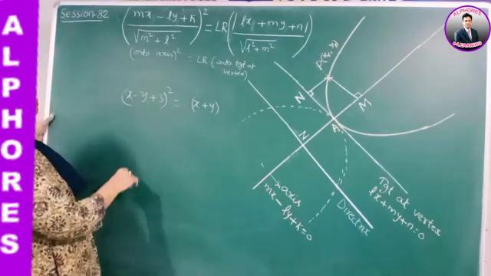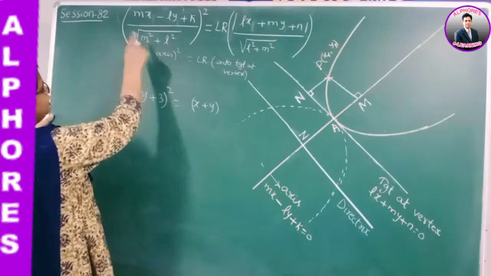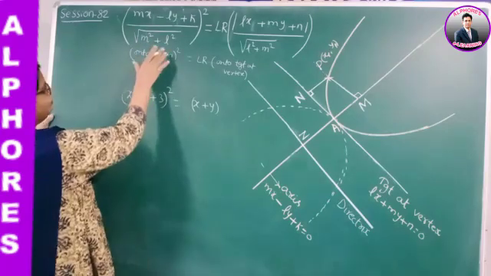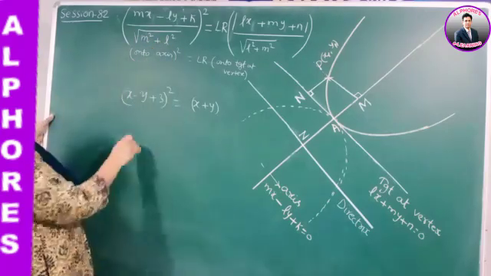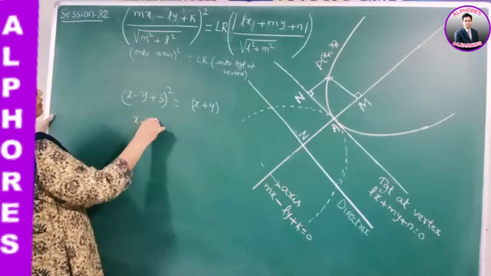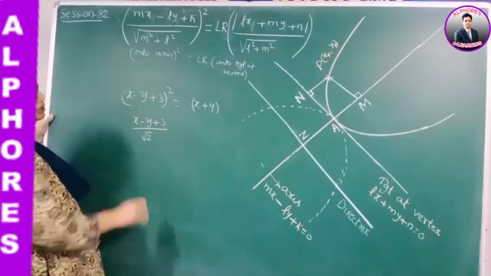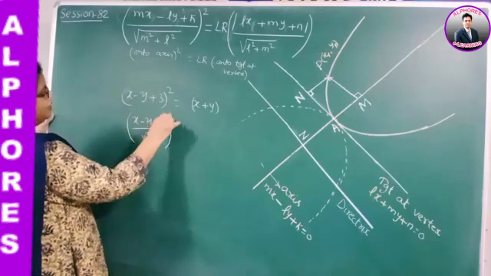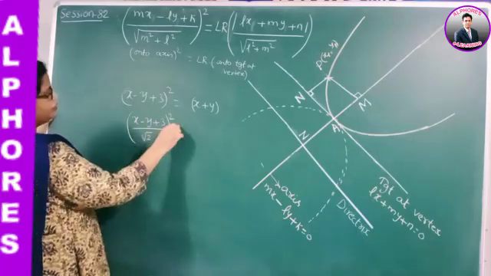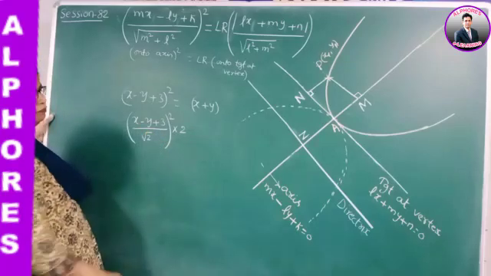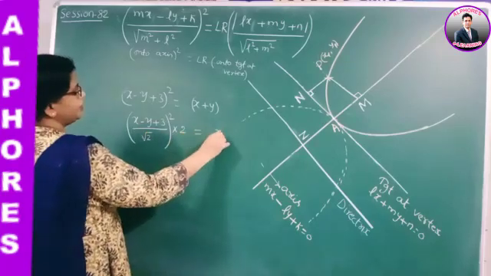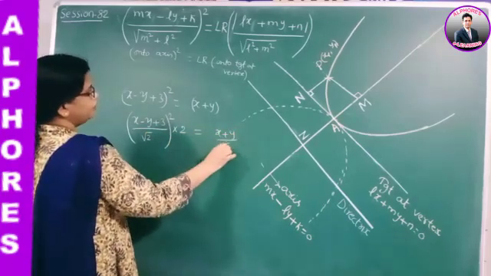Okay, what is the important thing here? The denominator part is important, because we are referring to perpendicular distances. Implies (x minus y plus 3) divided by root of 1 square plus 1 square, whole square. Now I have taken 2 extra here, therefore multiply by 2. Then this side you have (x plus y) divided by root 2.